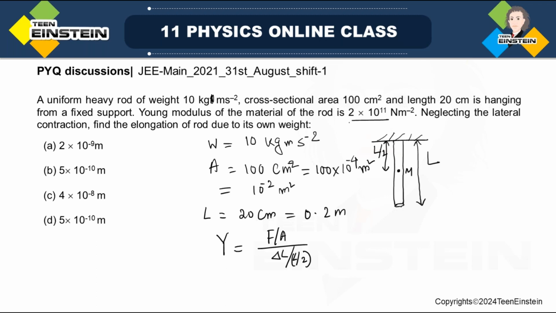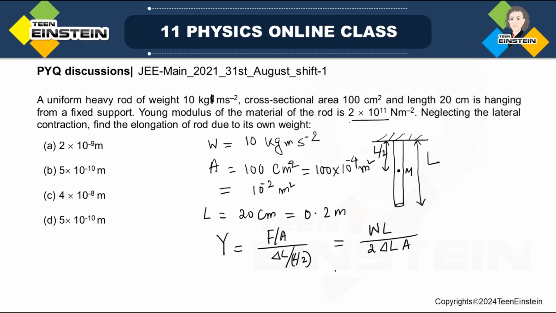See, the length is L, but I have to take the length up to where the mass is situated, that is L by 2. Instead of writing F, I'll directly write W. So L will go, and you will have 2 into delta L into A. I hope you understood this.